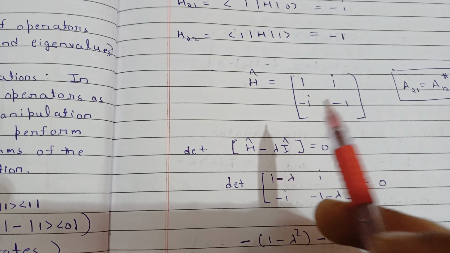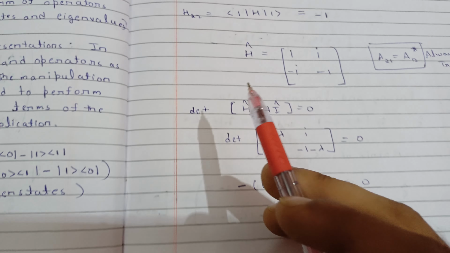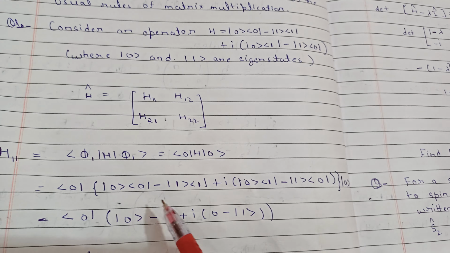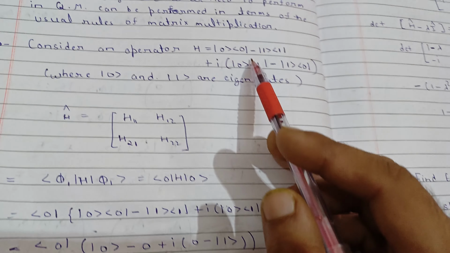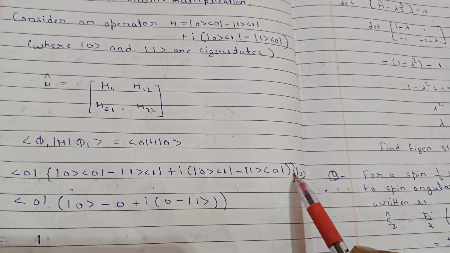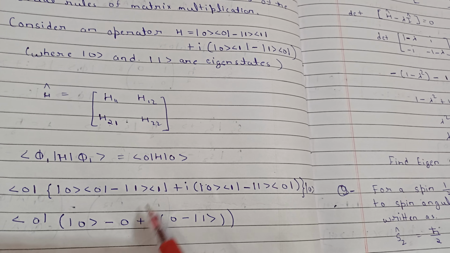So this is one way to find this matrix. You can directly see the coefficients and write the operator matrix. Otherwise you can find each and every element, like h11 you need to find. So it will be phi 1 h phi 1. Write this complete operator inside, and 0 0 outside. Operate the 0 from the right inside: 0 with 0 will give you 1, and this 1 will be remaining, and 0 with 1 will give you 0.